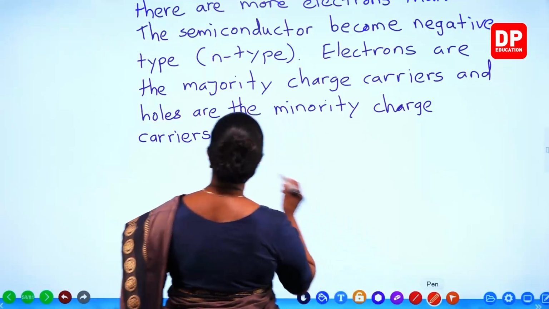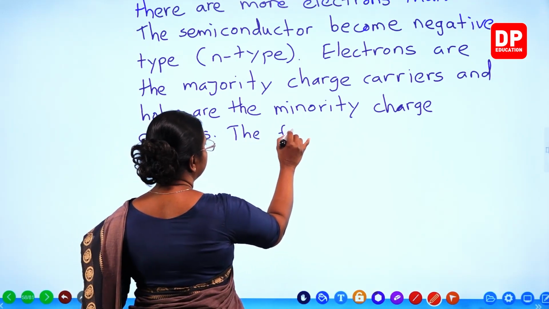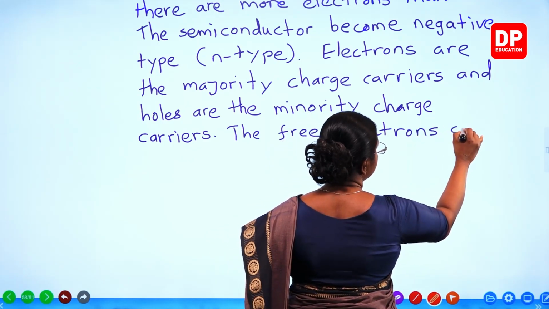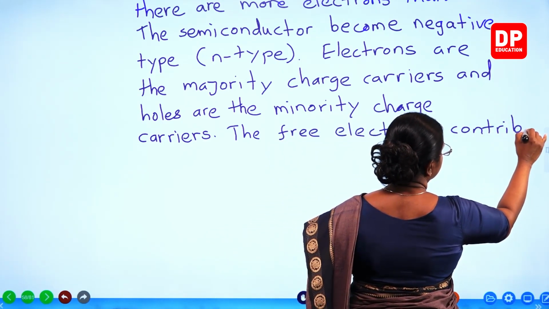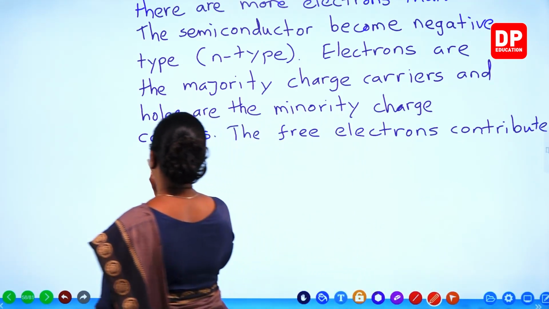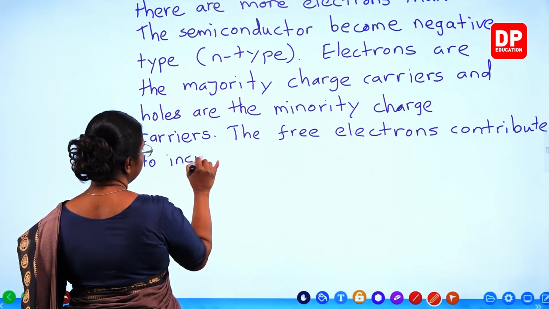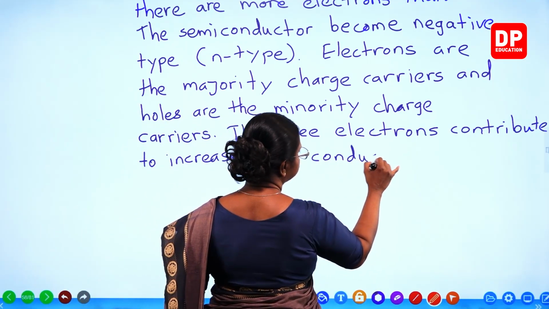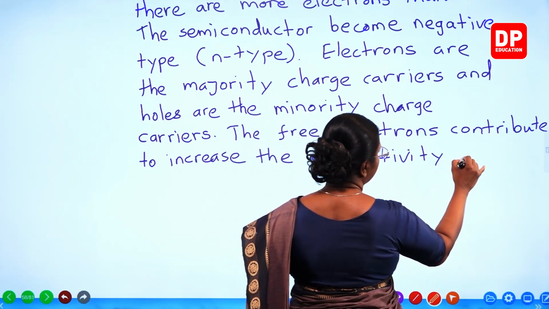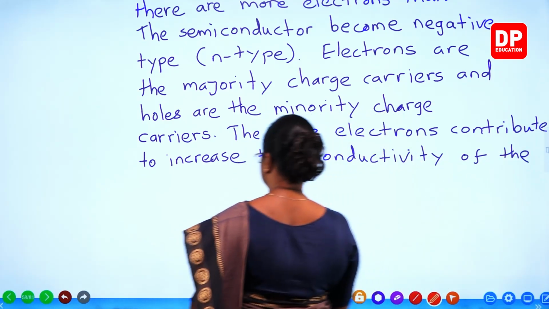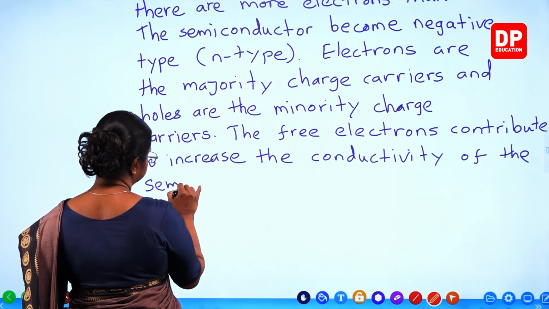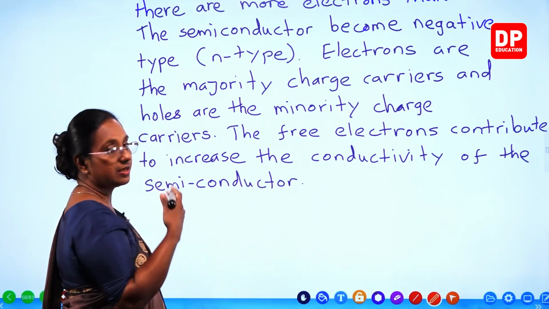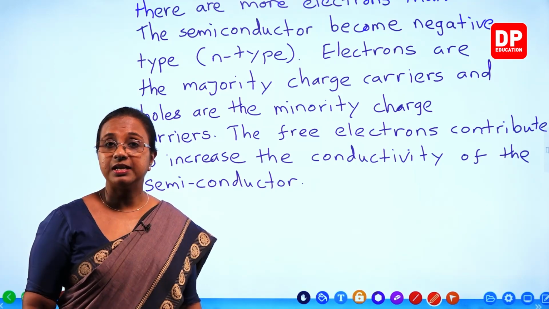So here we can say the free electrons contribute to increase the conductivity of the semiconductor. Or you can say because of this, the conductivity of the semiconductor increases.